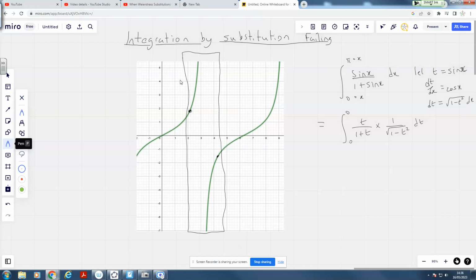Because the key thing about one-to-one is if you draw a horizontal line, you only hit the graph once. Well, in this range, anywhere we draw it, we're only hitting the graph once. So I do think it's one-to-one, which I think is why my method succeeded in the end.